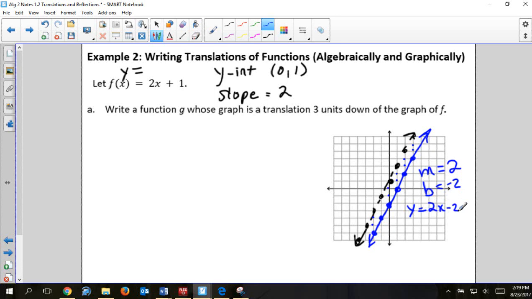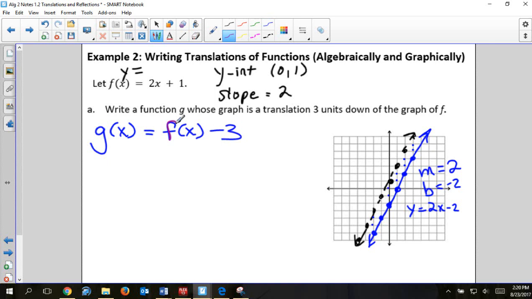That's graphically. We're going to do it algebraically and get the same answer. So how do we do it algebraically? Write the function g. What's the name of the function? g of x. And so we're going to take the original function, and we are going to do what to that original function? Subtract 3. Now I'm going to do some replacing here.